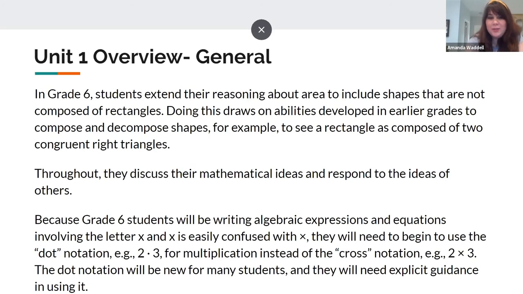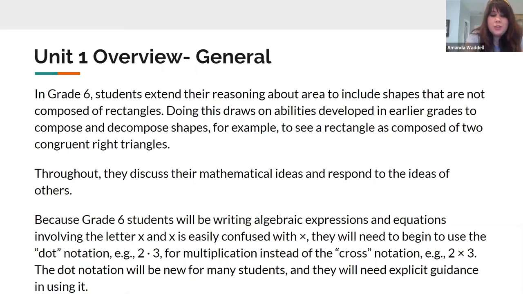So in general, in Unit 1, students are going to use what they've learned about area, and they're going to start to include shapes that are not composed simply of rectangles. Specifically, they're going to start seeing shapes composed of rectangles and triangles, which is the key new shape they deal with.